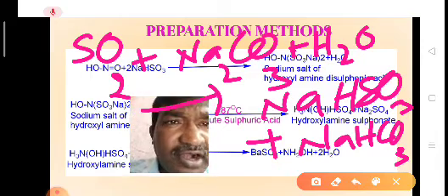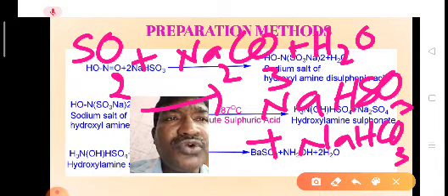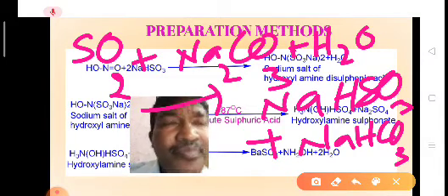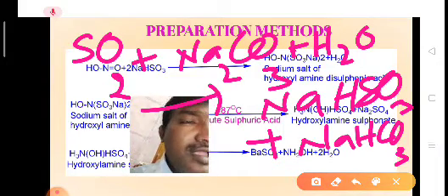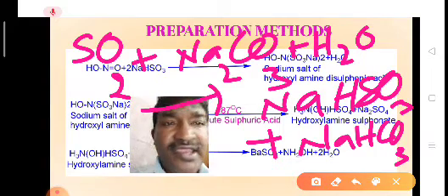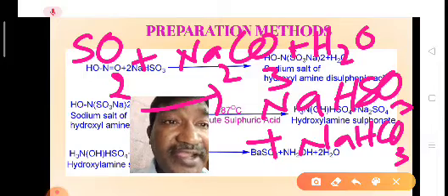This is not written in the slide, but we have to remember that sulfur dioxide, when passed into the sodium carbonate aqueous solution, reacts with that sodium carbonate and forms the sodium hydrogen sulfite NaHSO3. Otherwise we call it as the sodium bisulfite.